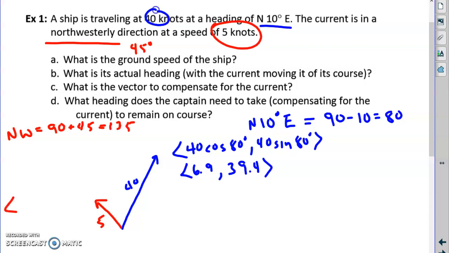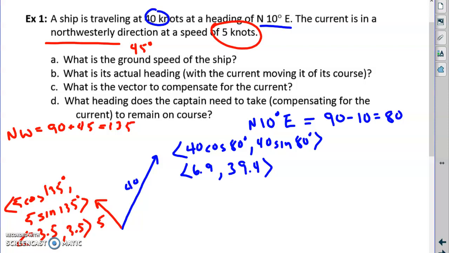So vector red is going to be 5 cosine 135, 5 sine 135. Let's get rid of that 5 there. There we go. All right, that vector becomes -3.5, comma 3.5. Again, we expected it being 45.